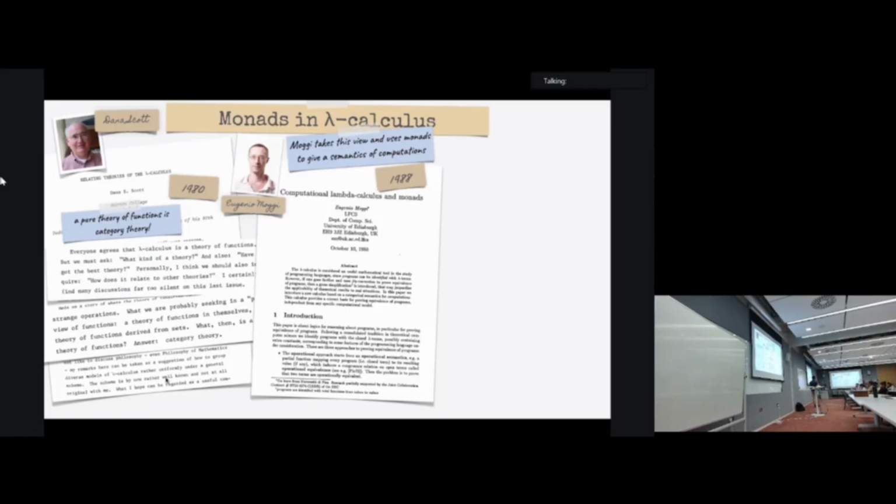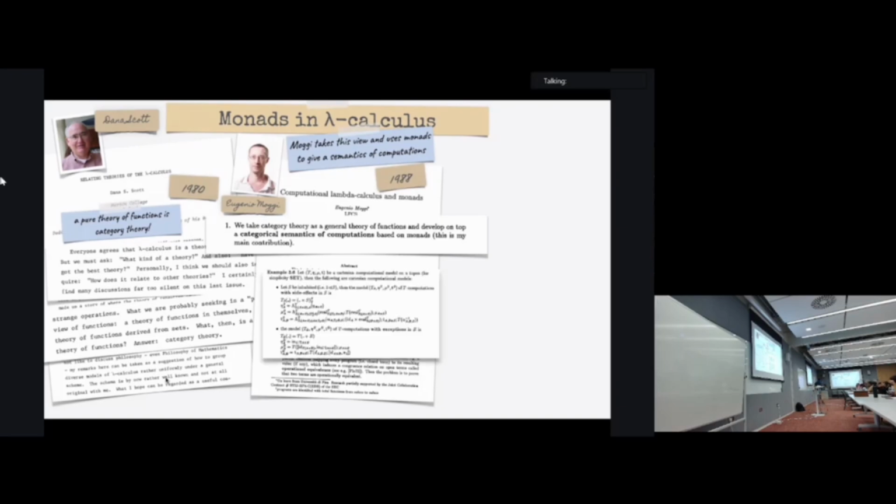Again, the style is very different to the Next 700 Programming Languages paper, but I would say another fantastic read. And here we start to see the real influence of mathematics in computer science. This would be much more like a paper we read today in its style and function, and I would say it's really worthwhile looking at. So he says we take category theory as a general theory of functions and develop on top of it a categorical semantics of computations based on monads.